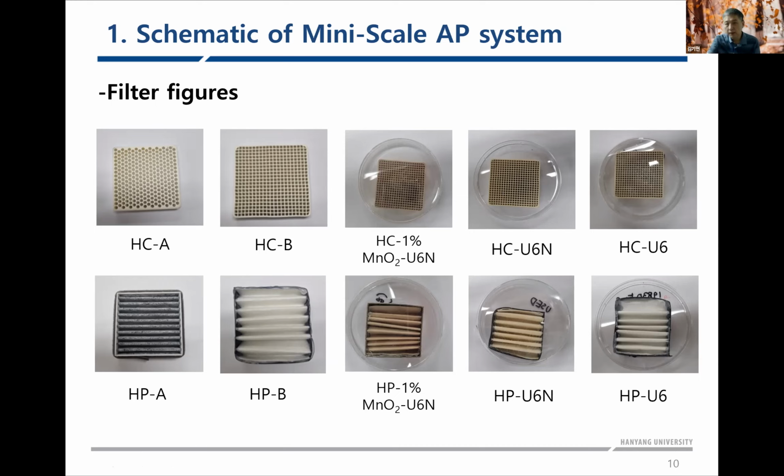This U6N is modified with a nitrogen functional group to help enhance its treatment efficiency against light VOCs like formaldehyde. And this is much more functional through the addition of 1% MnO2 to activate the catalytic efficiency as a room temperature thermal catalyst.